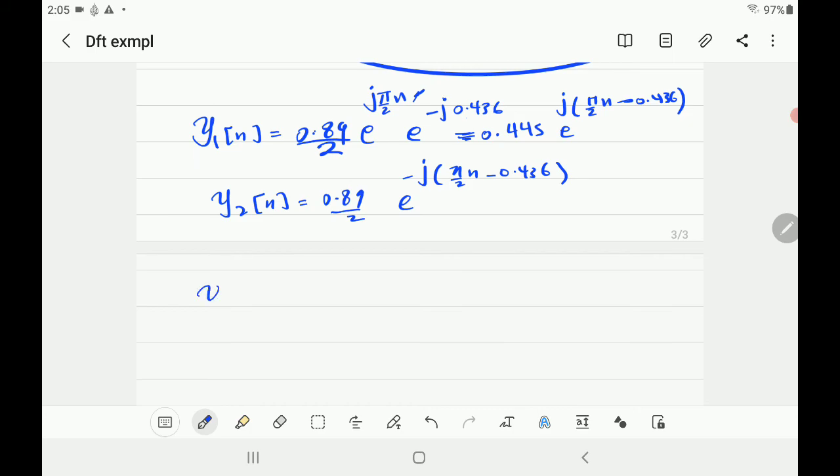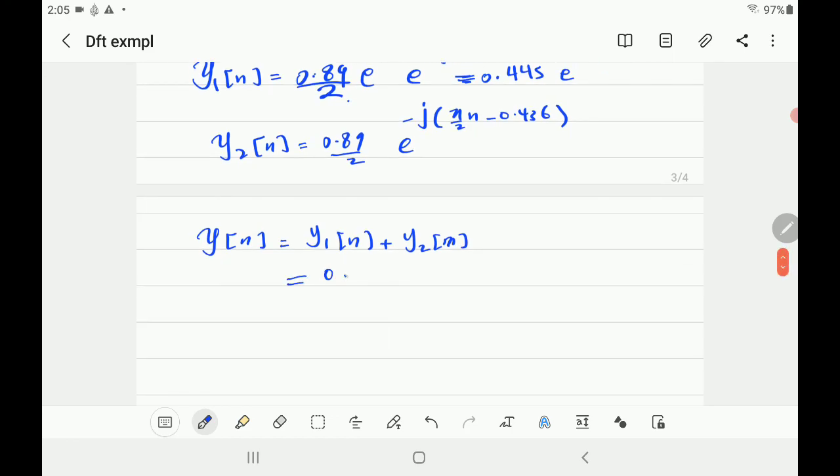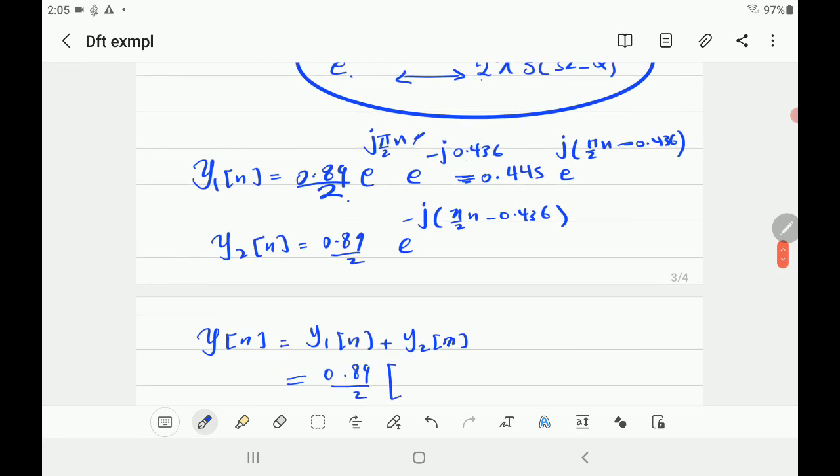Now you add both, so we have y of n equal to y1 plus y2. I will take the common factor, 0.89 over 2. And you observe this number, the same number, but just j plus and j minus.